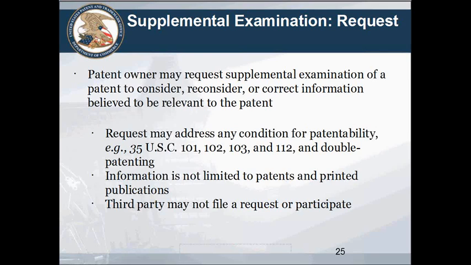So, a third party cannot request or participate in a supplemental examination. The request for supplemental examination may address any condition of patentability, for example, 101, 102, 103, 112, double patenting. The information supplied to address these issues is not limited to patents and printed publications as third-party submissions are, but may include such things as transcripts of audio and video, affidavits and declarations, exhibits.